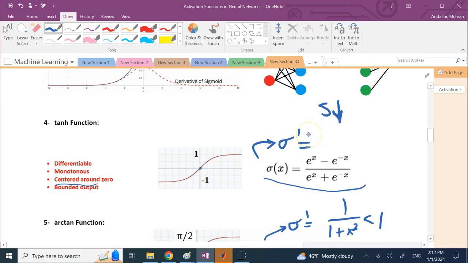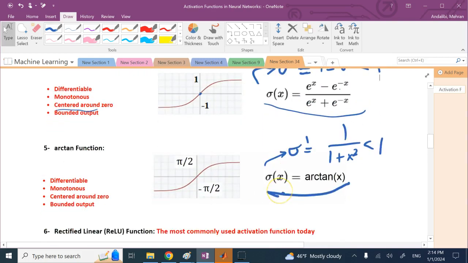Well, let me calculate it for you. So it is 1 minus sigma squared, right? And if you look at this sigma, the value of it is less than 1, so 1 minus sigma squared is also less than 1 for sure, right? And so you see these derivatives are all less than 1, and you get this vanishing derivative, vanishing gradient.